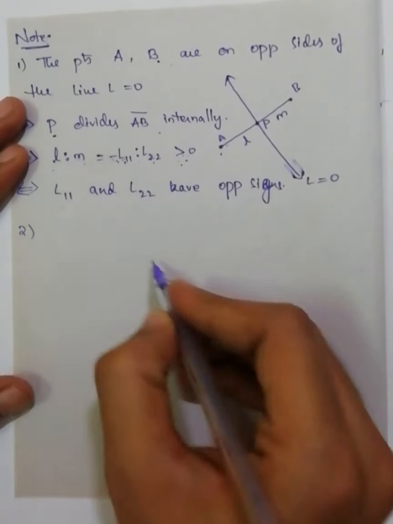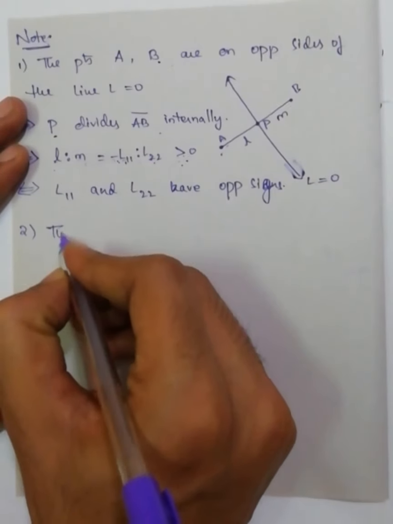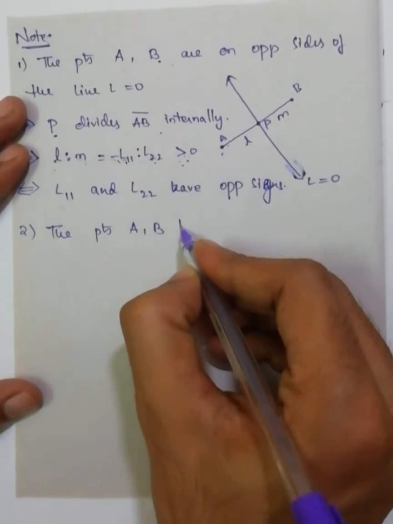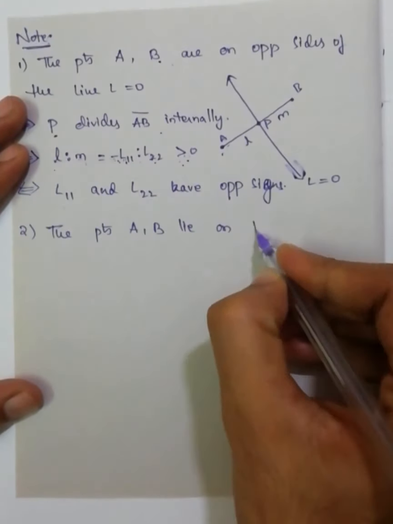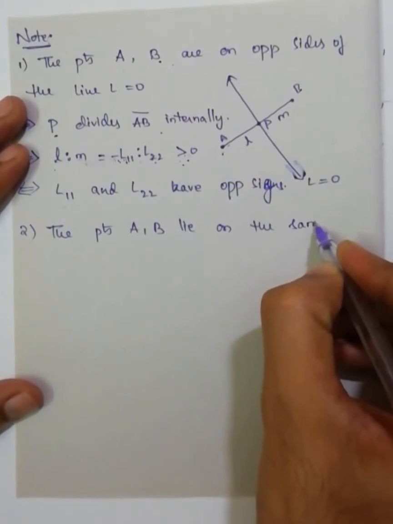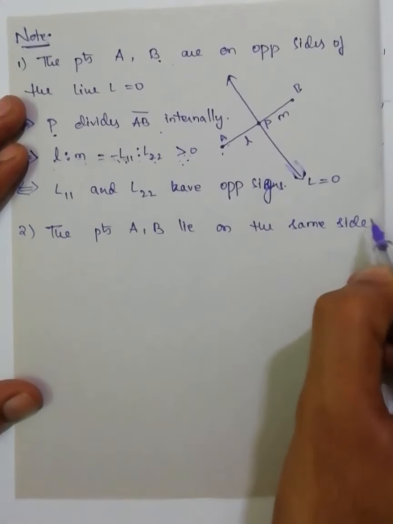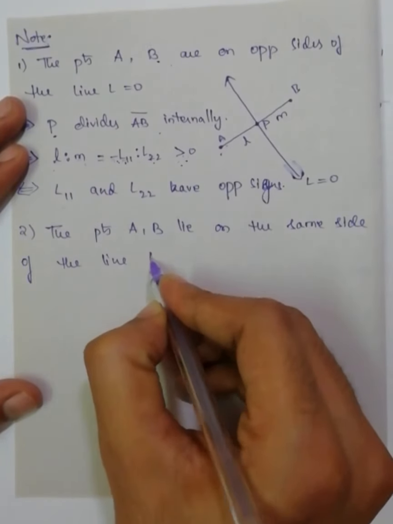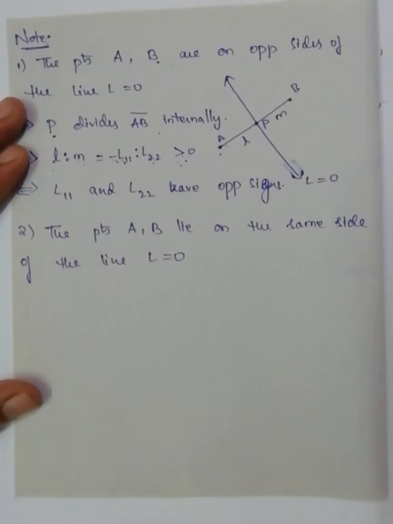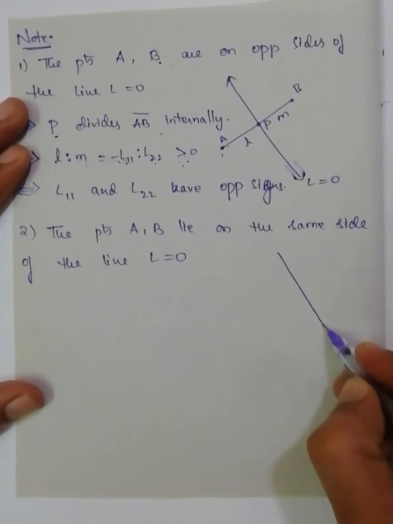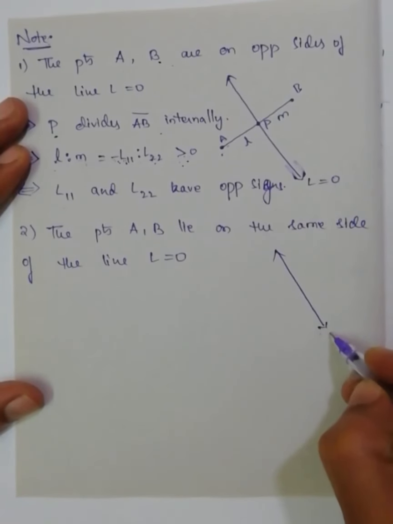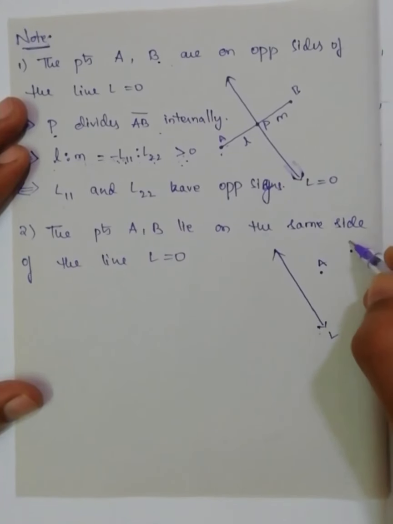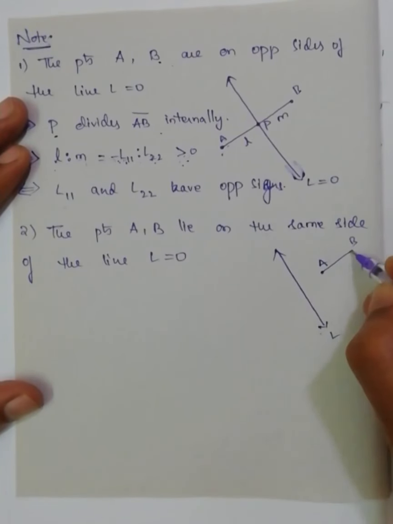Second one, the points A and B lie on the same side of the line L is equal to 0. Means let us take this is the line L and this is the point A and this is the point B. This is the line segment.